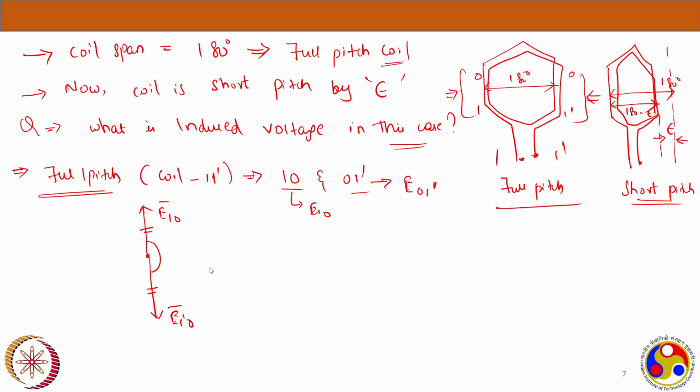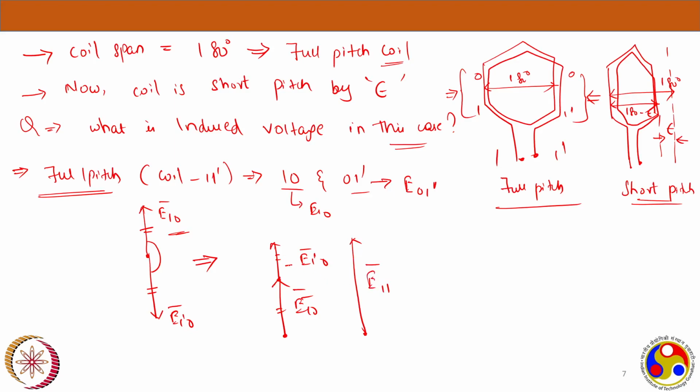That's what I mentioned here. Now, if I just reverse it, I take the inverse of this one. This is E10 only, and this is the inverse of E1 dash 0, so it will be minus E1 dash 0, this phasor, the same length of course. Now the total magnitude, from here to here, is E11 dash, this total resultant.